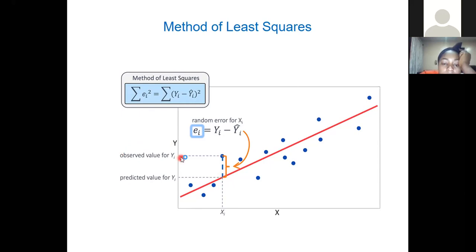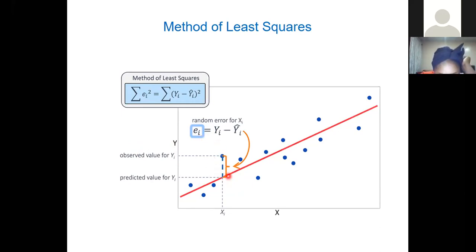But the observed value, the value you have in your study, is the one shown by this dot. This is what the model predicted for it, so there's a distance. Can you see that the error is the distance, the difference between the predicted and the observed? That is the error.